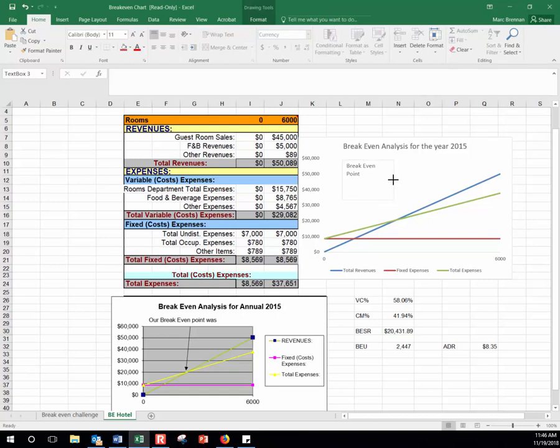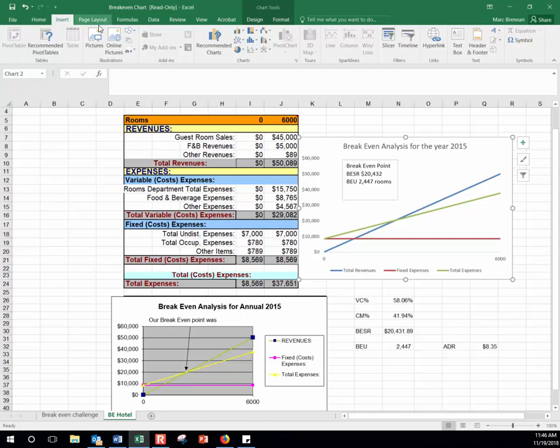We'll make it a bit wider. And we can go break-even sales revenue, $20,432. We'll round up. And break-even units, 2,447 rooms.